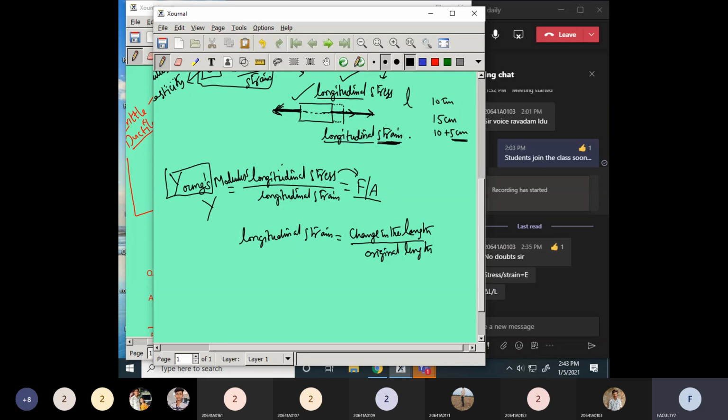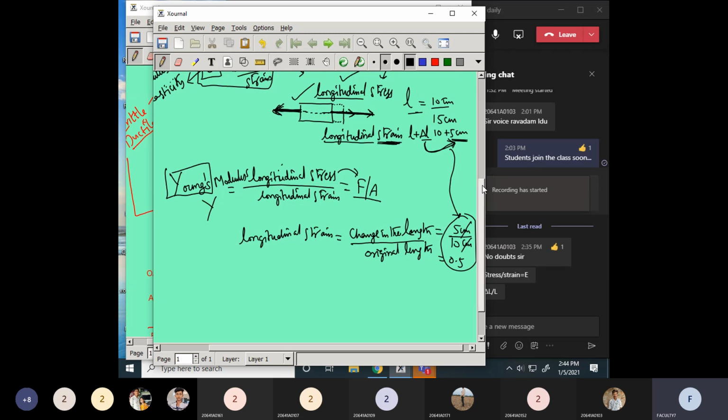How can you write this? L is the original value plus some delta L. The delta L value is 5 centimeters, the change in the length. The original length was 10 centimeters. The centimeters cancel and the value is 0.5 in this case.